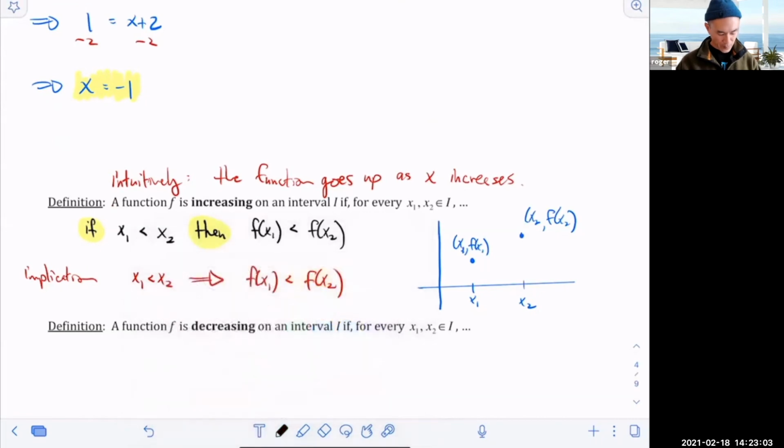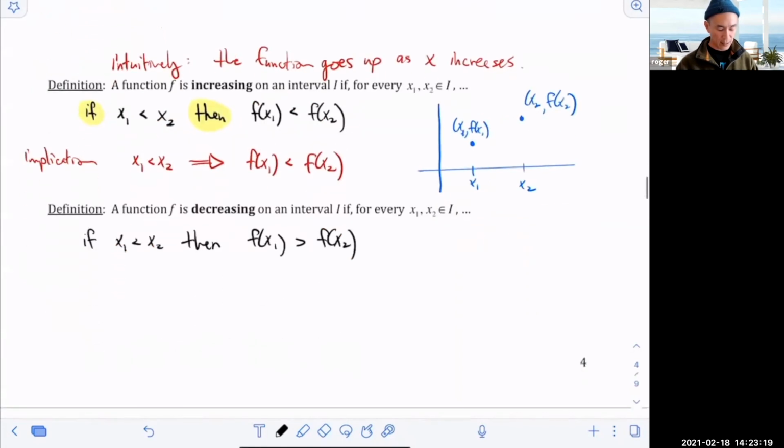So decreasing, well, it's another if-then statement. If x1 is less than x2, then what happens this time? Well, this time, if it's decreasing, the function value at the left point should actually be greater than the function value at the right point like this.